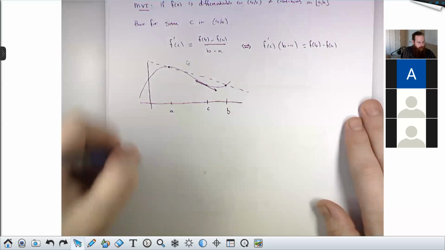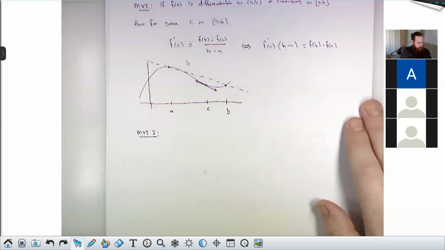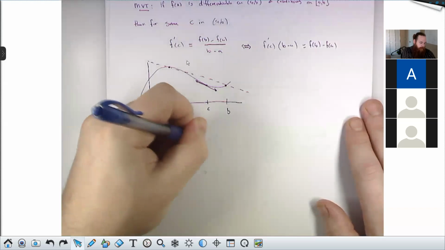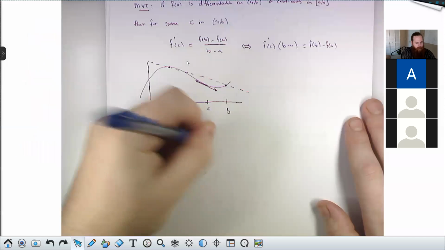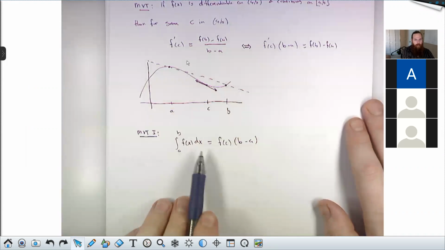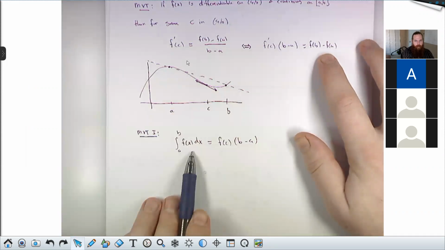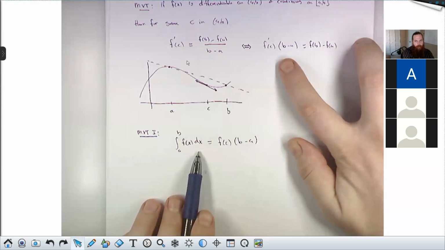Compare this to the mean value theorem for integrals, which says that the integral from a to b of f of x dx, there is some c, so that this is equal to f of c times b minus a. So compare this to this. You see the difference, right? There's not much. Here you have an integral, here you have a derivative, but they're really saying the same thing because, you know, derivatives undo integrals.